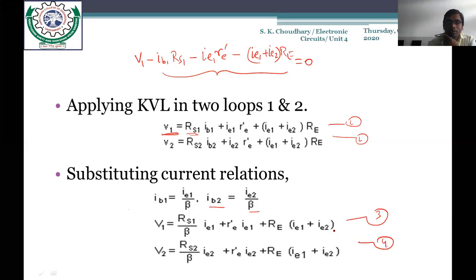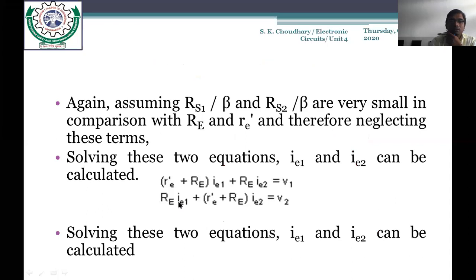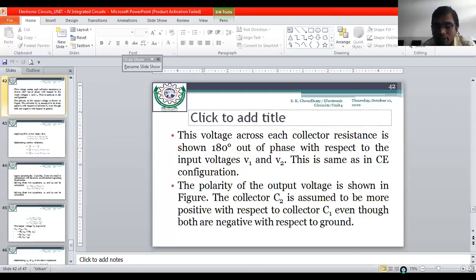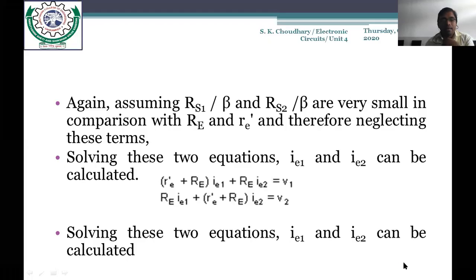If we see, we have only replaced the value of IB with IE1 upon beta. As we know that beta is a very large value, you can see here RS upon beta is a very small value.